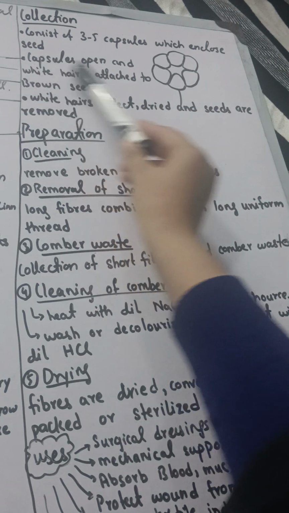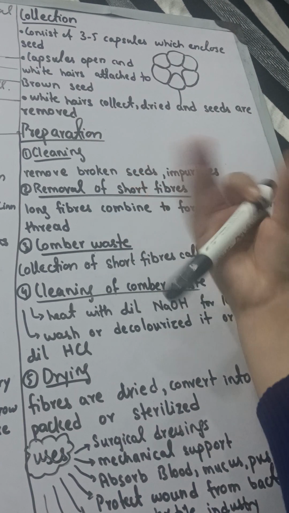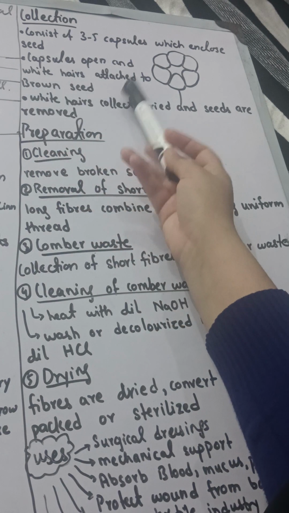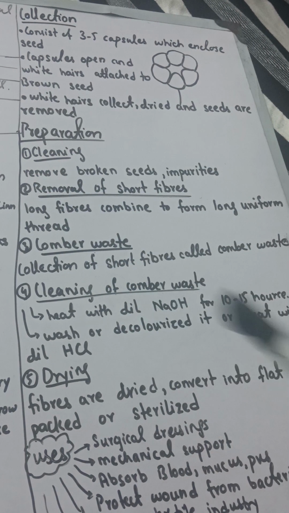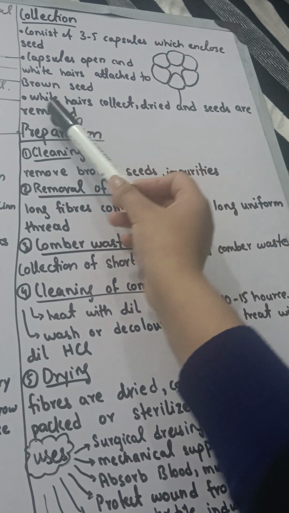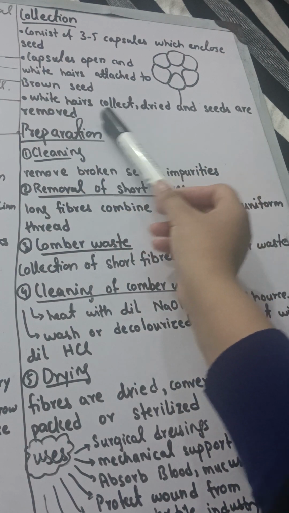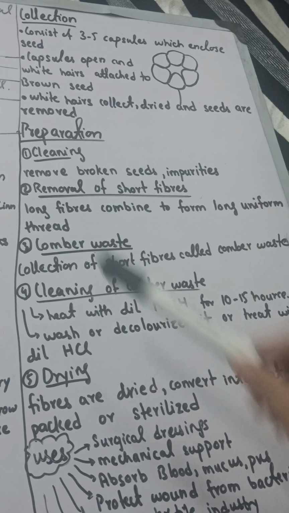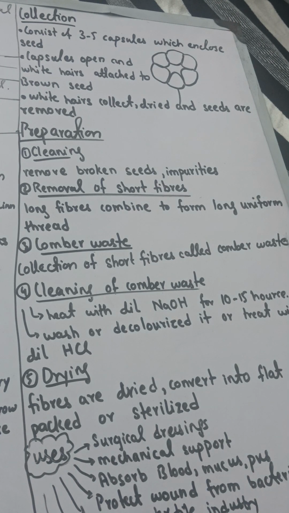Now these capsules open themselves like a flower, and after that you can see white hair-like projections which are attached to a brown seed. Then these white hair-like projections are collected, we dry them, and the seeds are removed from them. So this was the collection of cotton.